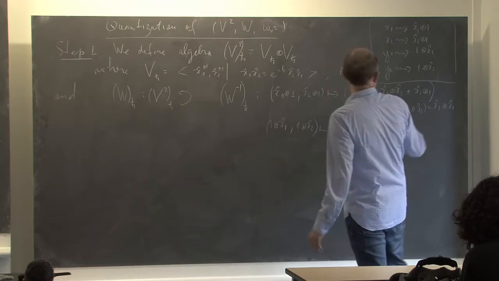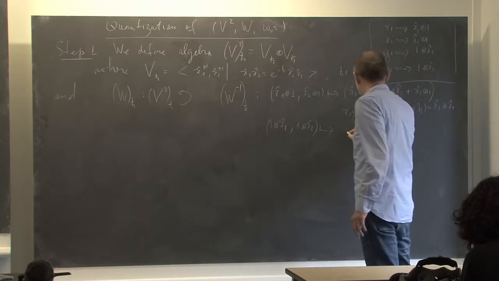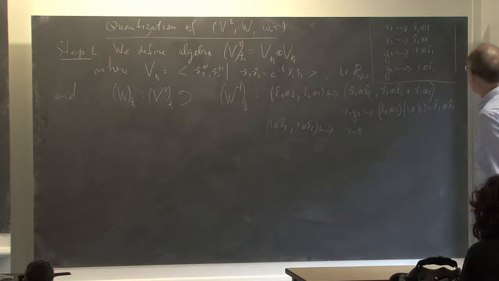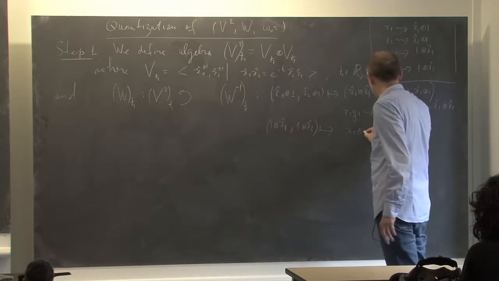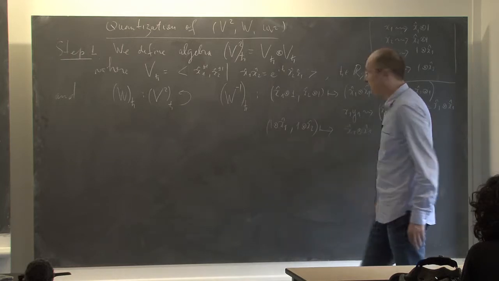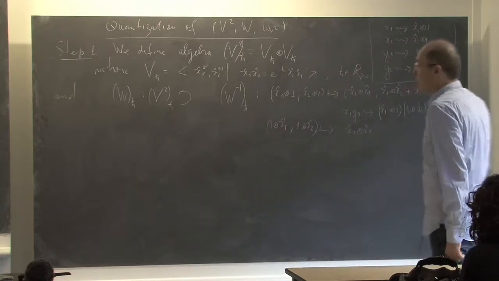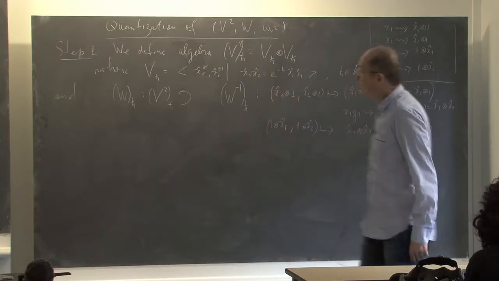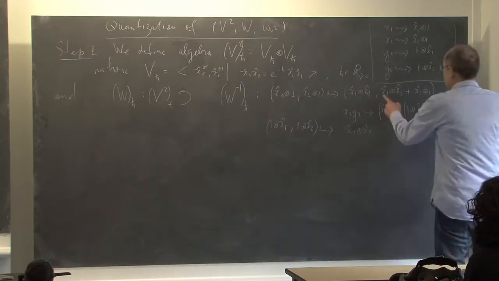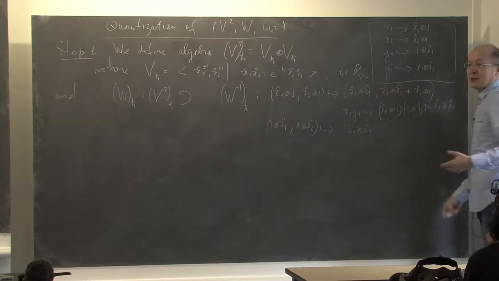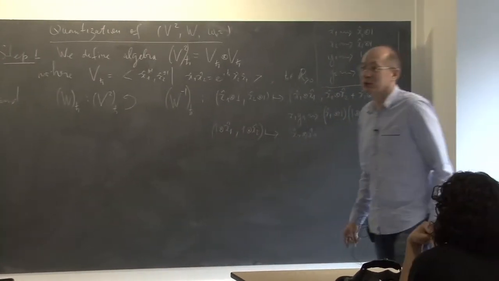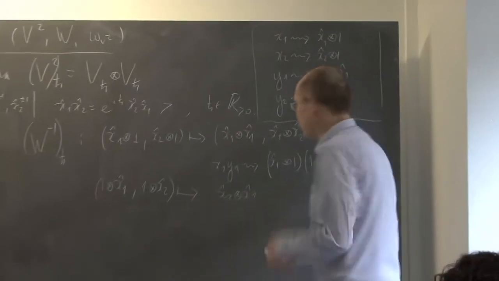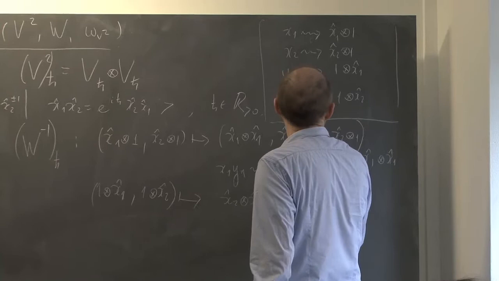So x2 goes to x2 in the first component. y1 goes to x1 in the second component. Right? That's for the numerator. And we have to divide it by the denominator, which is given here already. But we usually don't write fractions for operators. We put power -1.